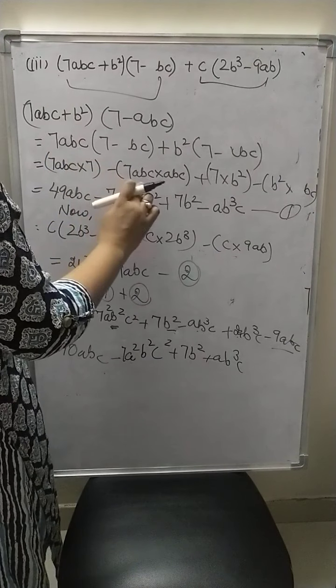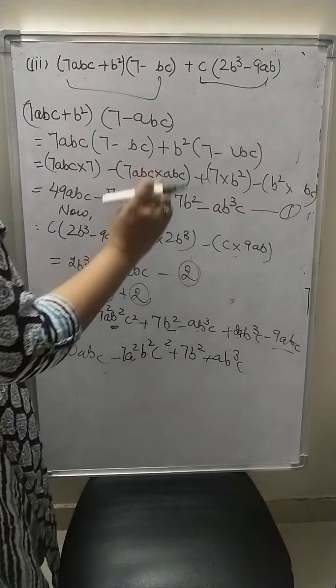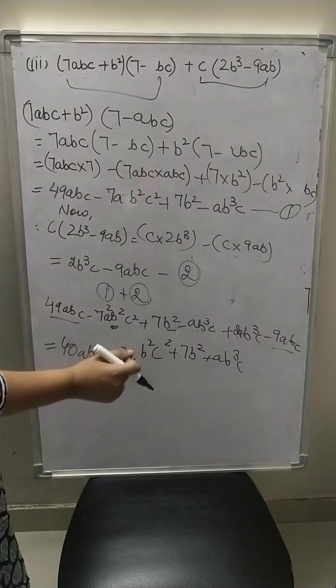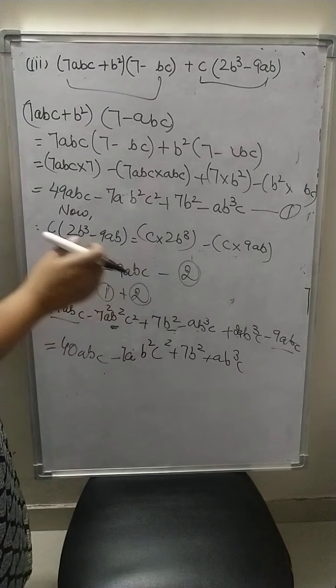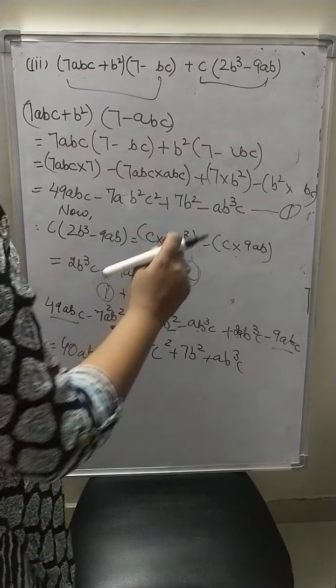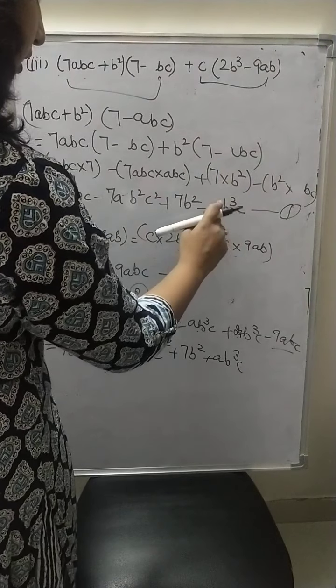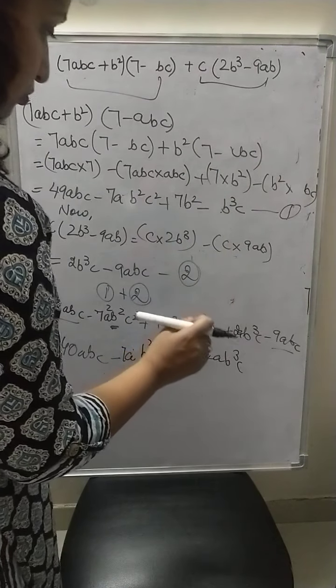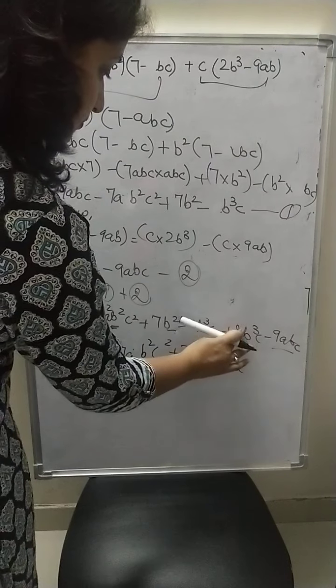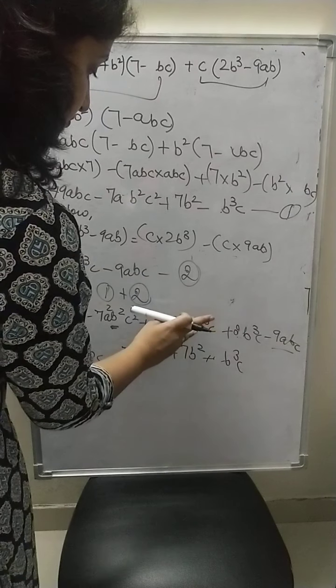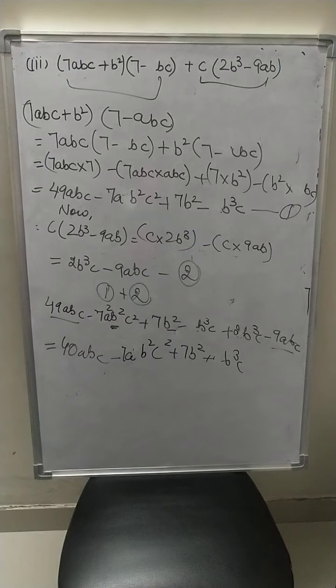So this is 7a. I'll make a correction here also. BQC. So here also BQC.